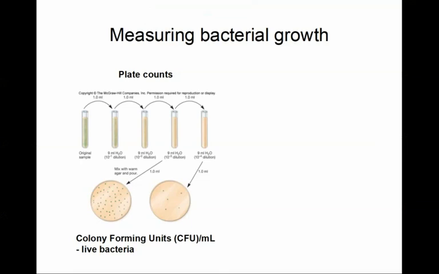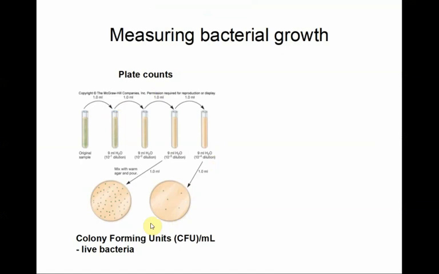One classical way is to make a dilution series with 10-fold dilutions, take a little bit from each, spread them out on a plate, put them in the incubator, and count the colonies that grow.